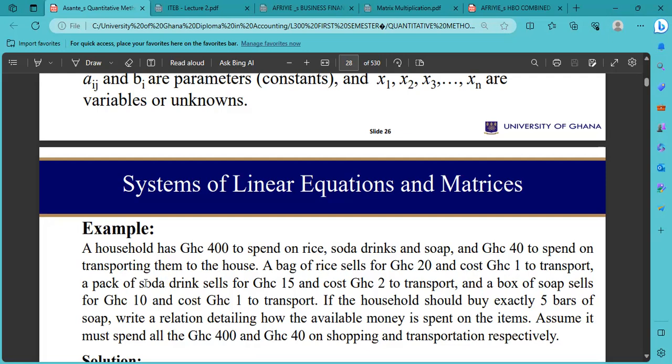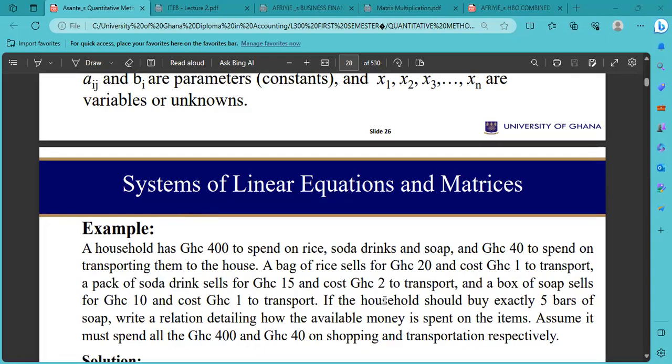And then a pack of soda drink sells for 15 cedis and costs 2 cedis to transport. A box of soap sells for 10 cedis and costs 1 cedi to transport.